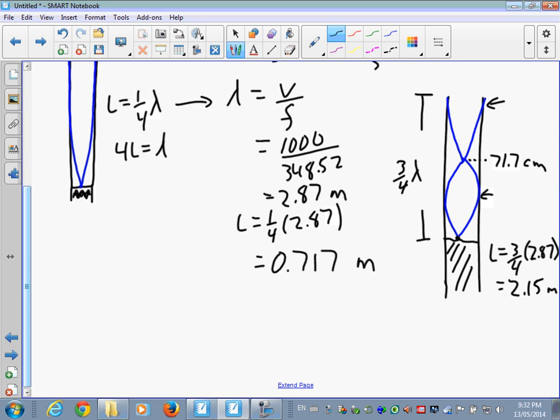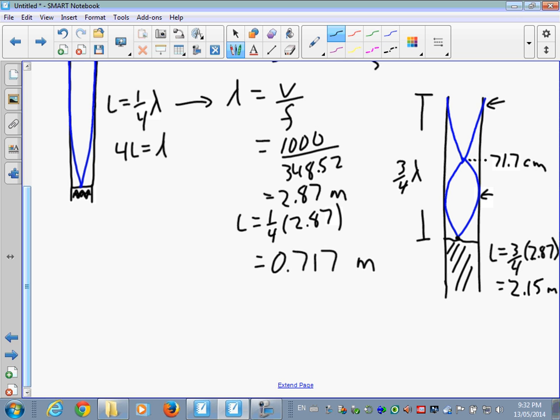So if we had a long enough tube, as we were bringing the water down, you would just hear the regular 1,000 hertz coming out of whatever device is playing the 1,000 hertz sound. As you brought the water level down to 71.7 centimeters, you would hear a loud feedback from inside the tube.